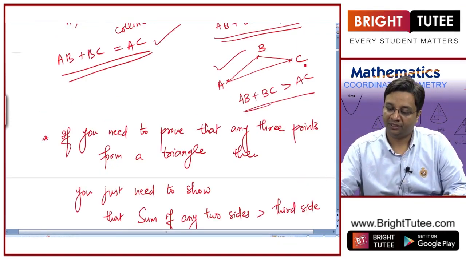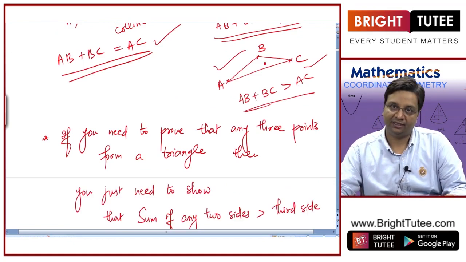For example, in this case, AB plus BC is greater than AC.